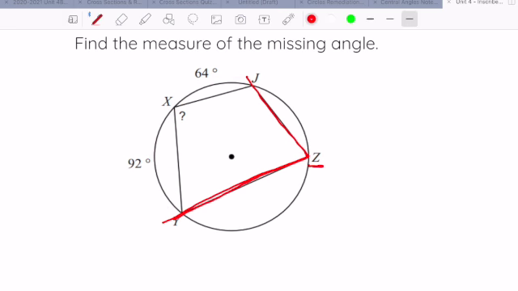So I'm going to combine 92 and 64 to find this whole arc measure right here.